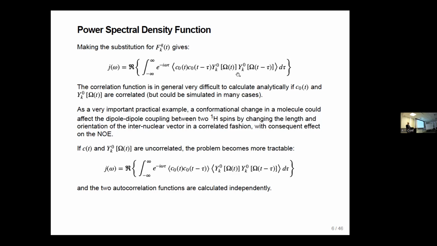So if we're going to make any analytical progress, the first step is to pretend that we have independence of the variables contained in the C's and the orientations, so that the joint correlation function can be factored into the product of an autocorrelation function for the C's and an autocorrelation function for orientation.